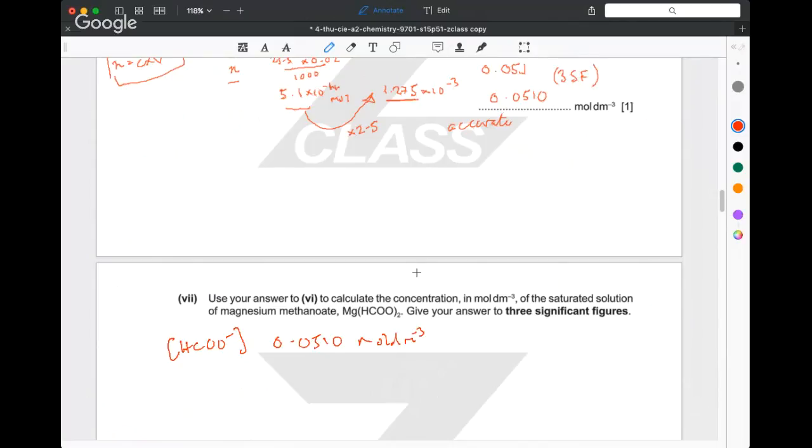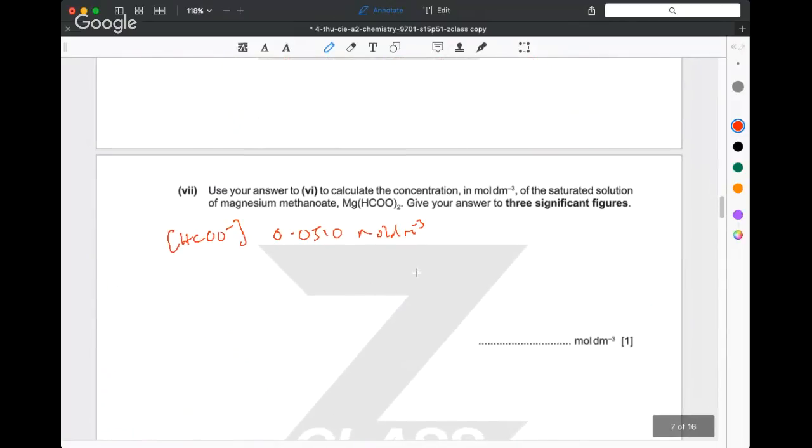And to get back, because we had a 50-fold dilution, the original solution must have been 50 times more concentrated. So we're trying to get back to our original solution, so we've got to multiply by 50, which gives us a concentration of 2.55 moles per decimeter cubed.